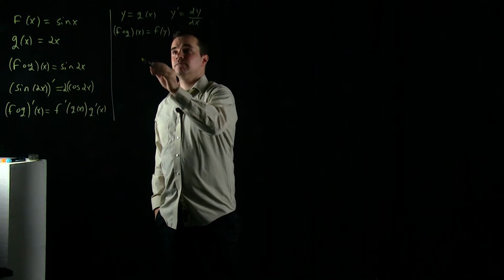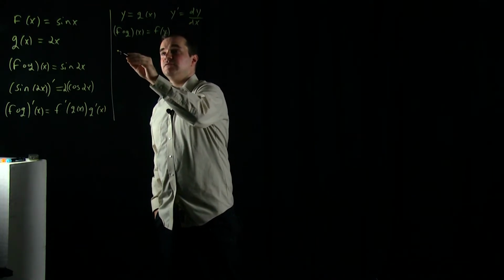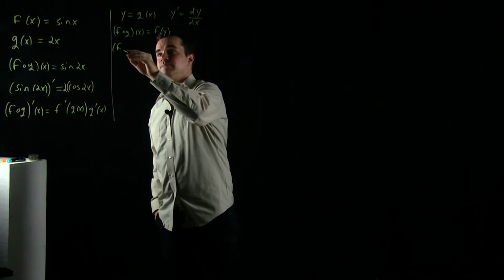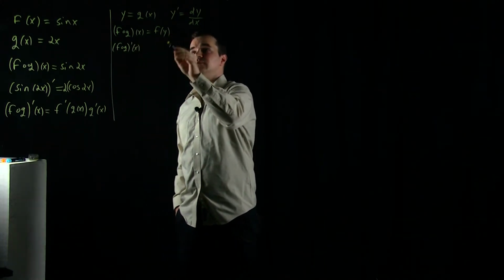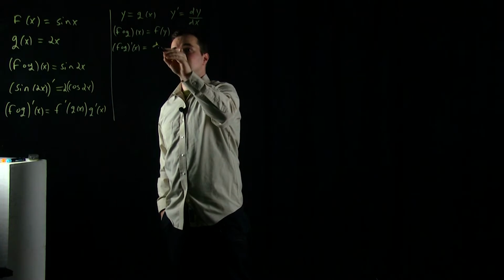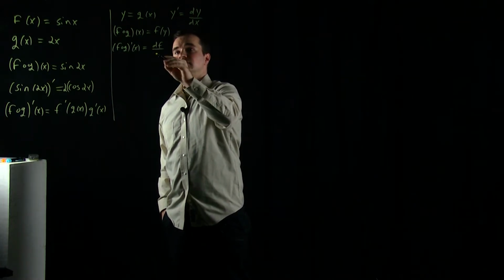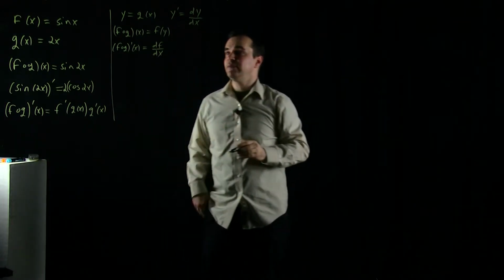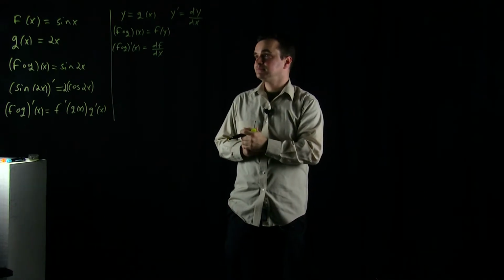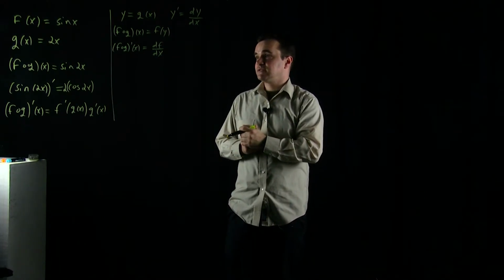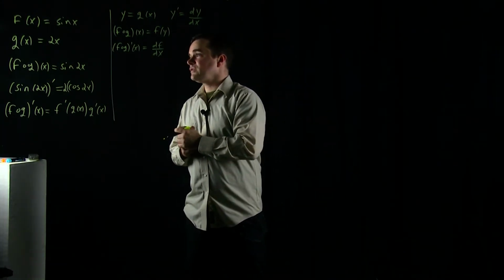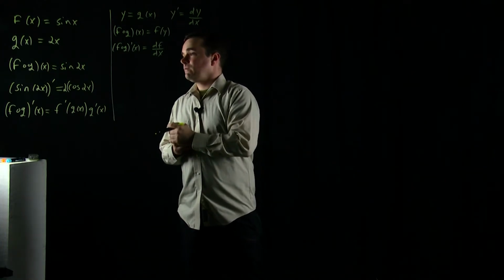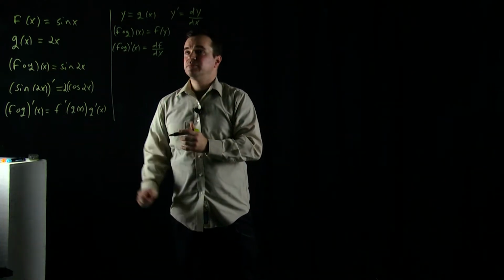And what's the derivative of f composed with g, prime? This is the derivative of f of y with respect to x. So Leibniz would write that df dx. And one more thing: what's the derivative of f, and then plug in g?